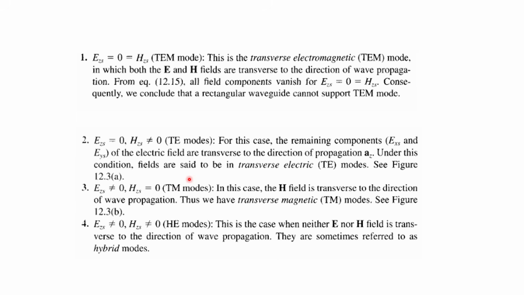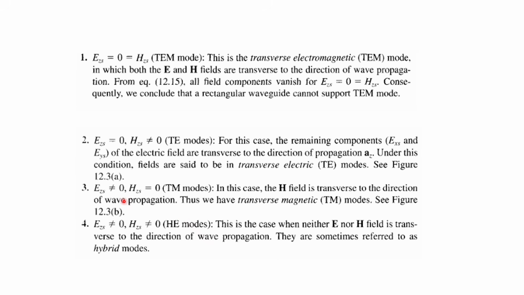Similarly, what do you mean by the TE mode? TE mode means electric field is zero in the propagation direction, but magnetic field may not be zero. So that is your transverse electric mode. Similarly, another mode, that is TM modes. TM modes means the electric field is not equal to zero, but magnetic field is zero in the direction of wave propagation.